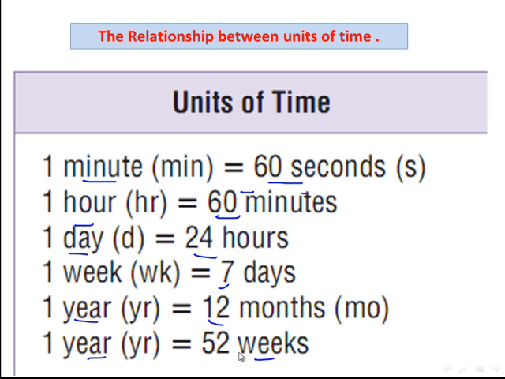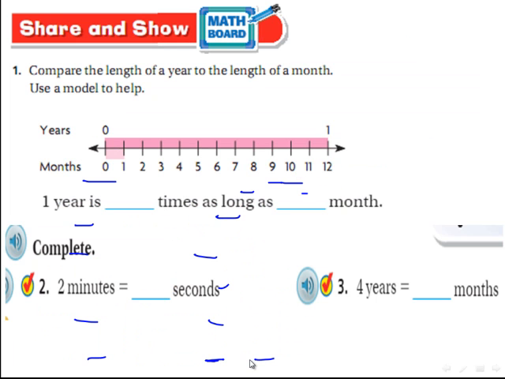How many weeks are there in 1 year? 52. Please don't forget all these six relations between every 2 units of time: minutes and seconds, hour and minutes, day and hours, week and days, year and months, year and weeks.